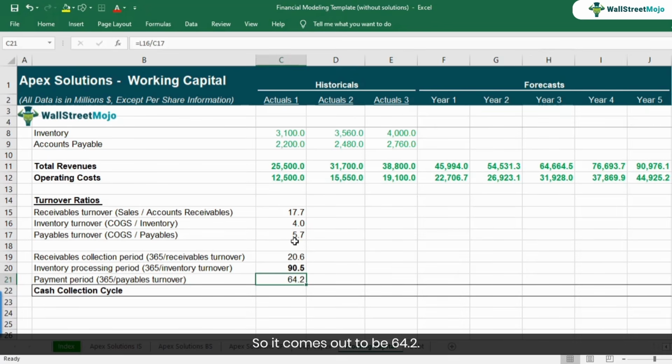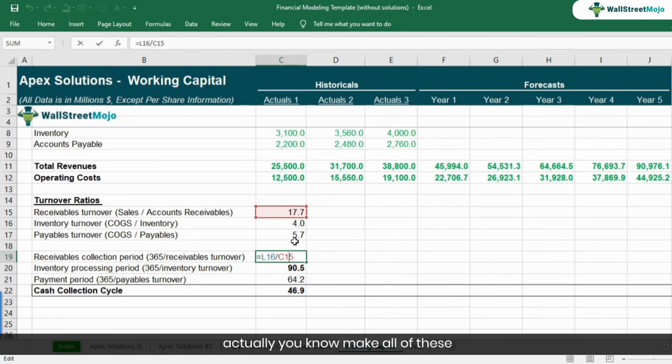So it comes out to be 64.2. So let's now also calculate the cash collection cycle. This will be equal to 20.6 plus 90.5 minus 64.2. We discussed, it has to be a minus sign, right? So all in all, we are getting this number as 46.7 days for the first year, that is actuals 1.